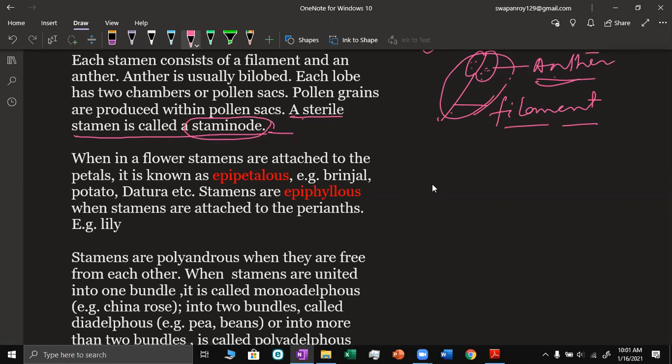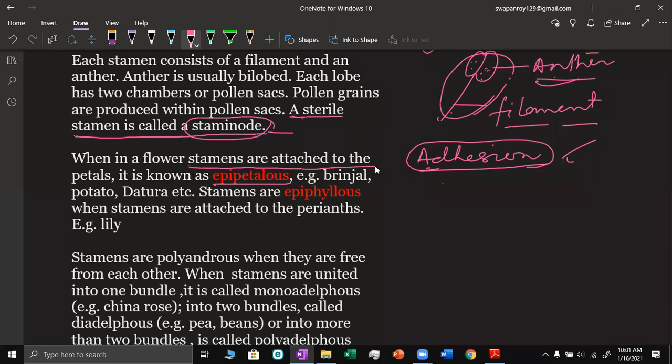The stamens may sometimes be attached to another whorl, which we call adhesion. Adhesion is when the stamens are attached to members of another whorl, that is, the androecium is attached to the petals or to the gynoecium. A very common condition is called epipetalous.